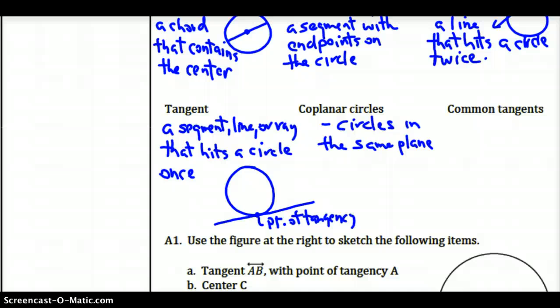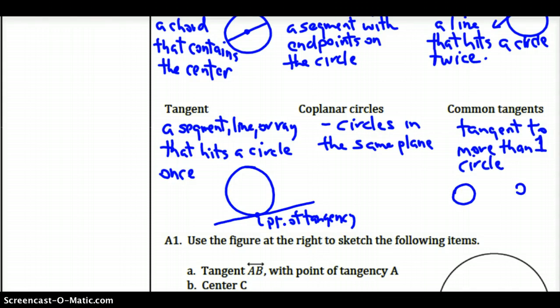So we can say tangent to a circle here and a circle here. Here's an example of a common tangent. Hits here and hits here. So not that great of a drawing.